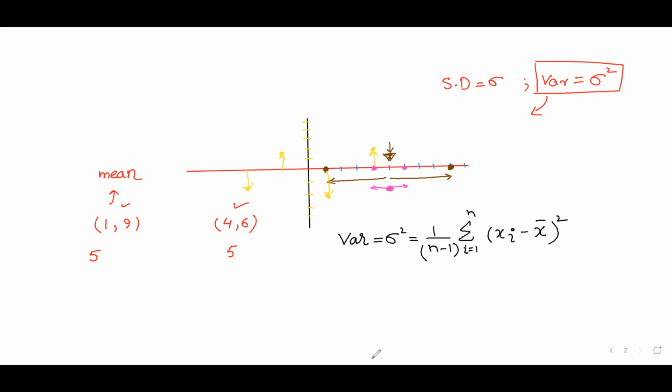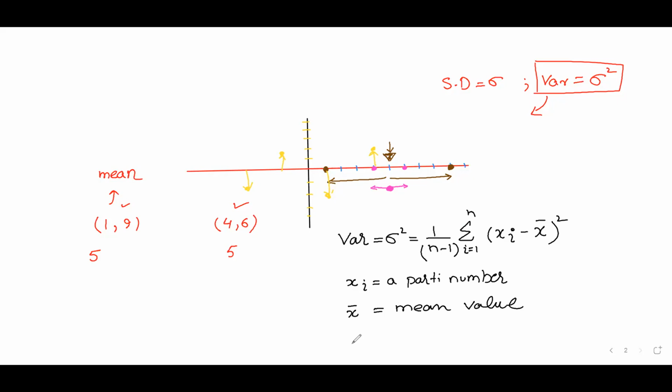This is my variance, right? Where xi is a particular number, x bar is the mean value, right? This is my variance.